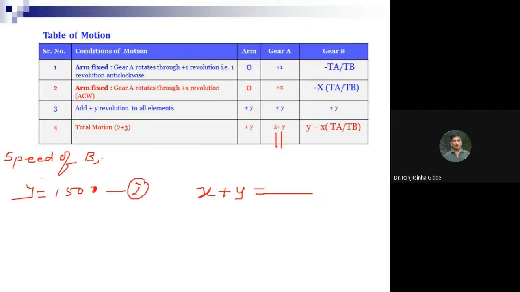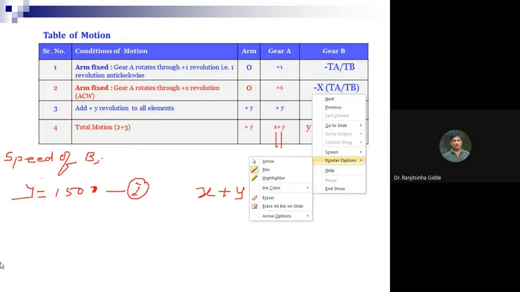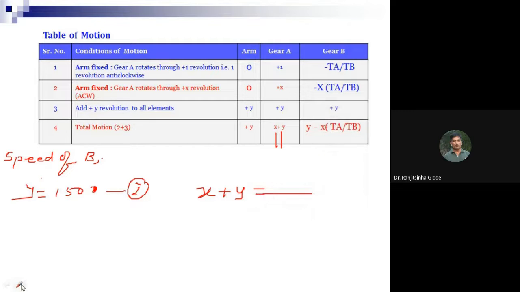That means x plus y is equal to minus 300, and this is equation 2.